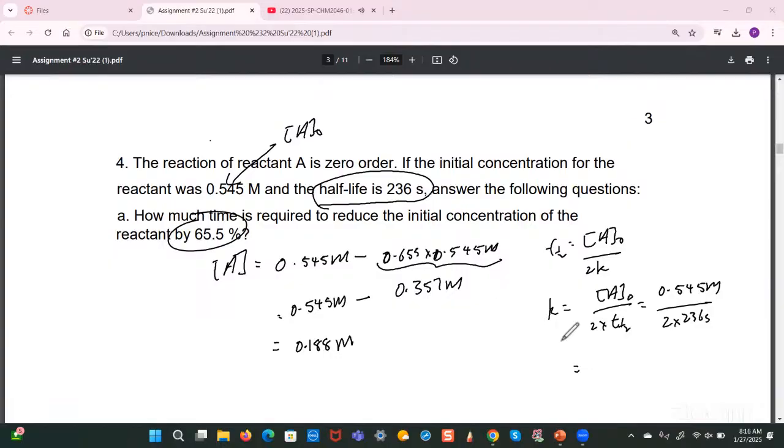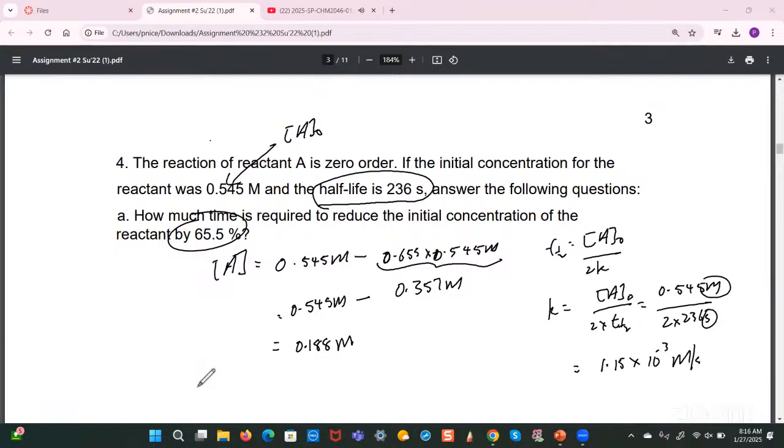So according to my calculations, K is equal to 1 point, how many sig figs? 3 sig figs. So 1.15 times 10 to the minus 3. And the units of K in this case would be M over S, because we have the M here, we have the S here, right?